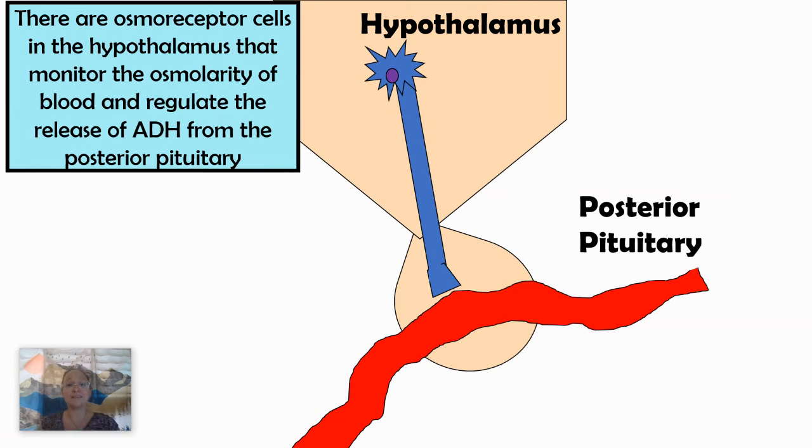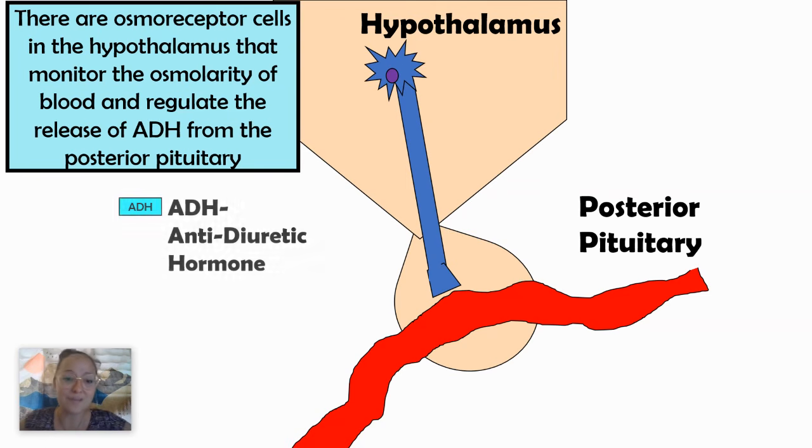And we want to maintain constant isotonic conditions, homeostasis. And so we have a hormone for that. When our blood osmolarity moves out of isotonic, whether we become hypertonic or hypotonic, we need to check that and regulate. This is called osmoregulation.